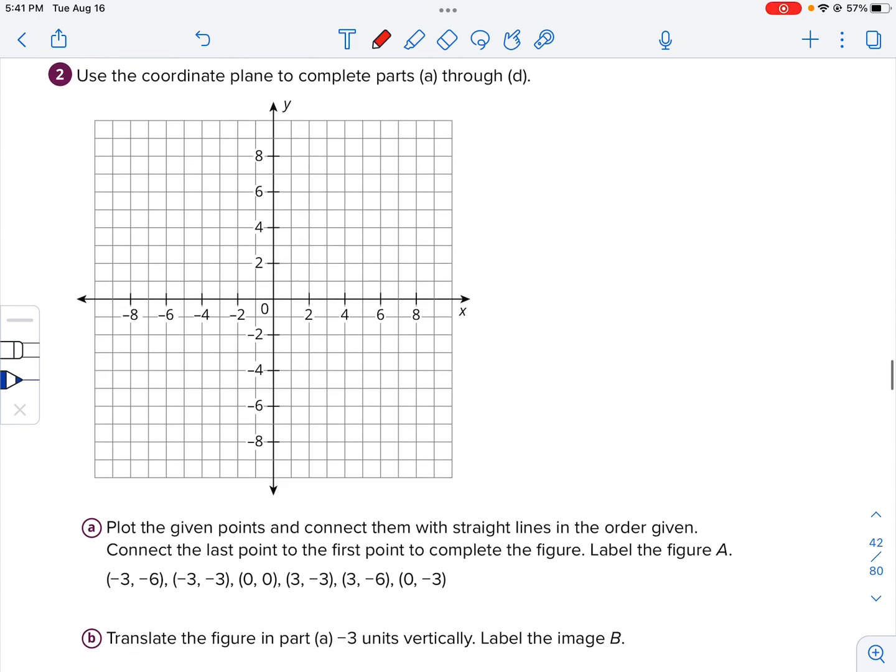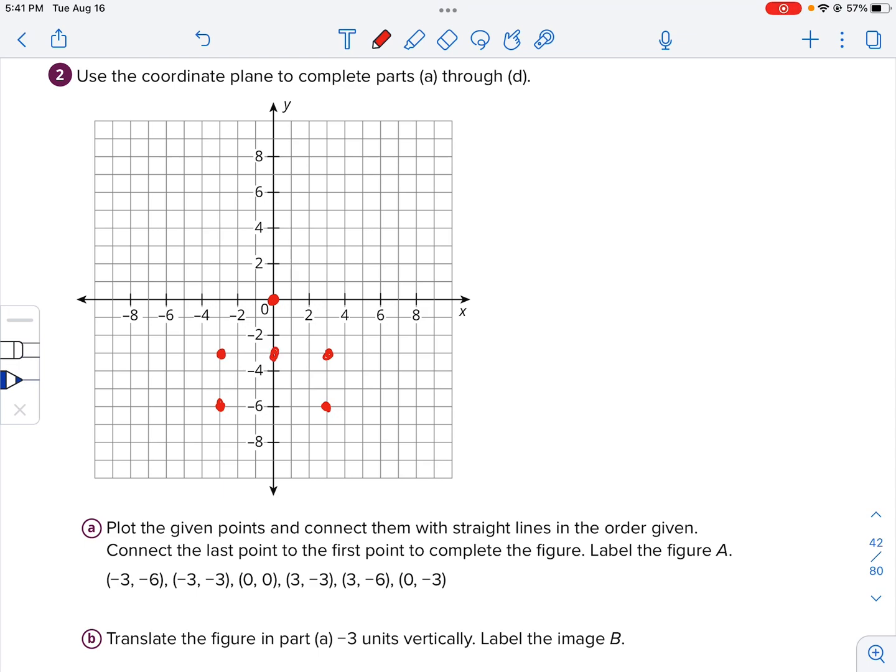Then this one says I'm going to plot these points. So, -3, -6. -3, -3. 0, 0. 3, -3. 3, -6. And 0, -3.